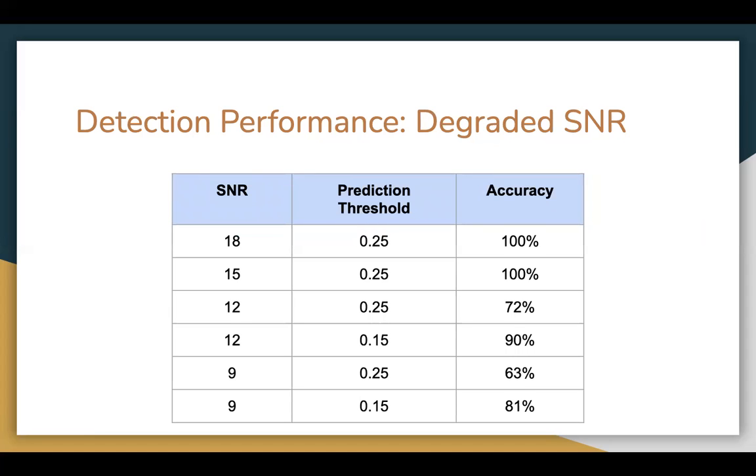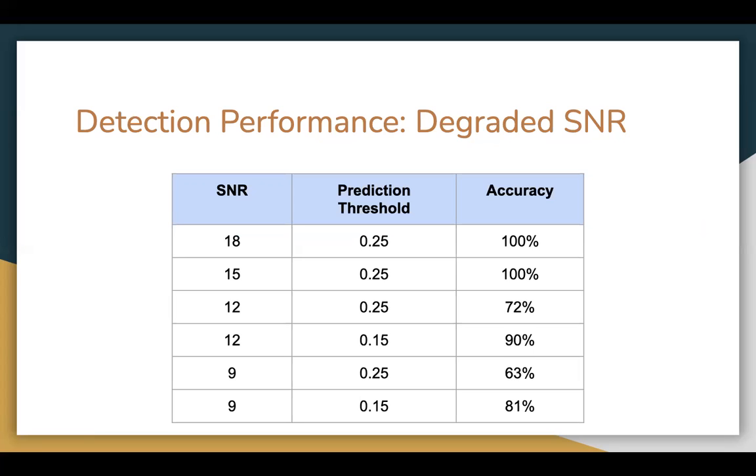So first at 12 dB of SNR, we tested with a 0.25 threshold to exceed. So this is the speaker that we think is the correct speaker. It has to exceed 0.25, and it can only have a range of 0 to 1.